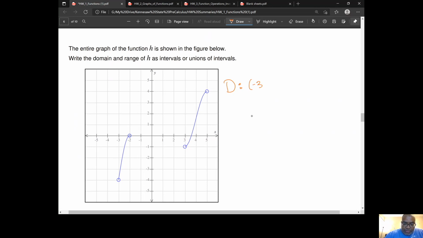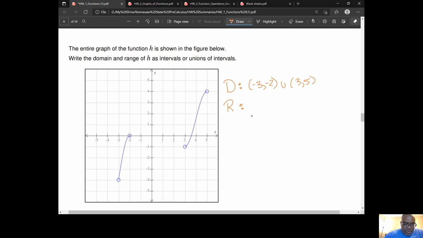So negative 3 to negative 2, open parentheses because it's an open circle. And then from 3 to 5, union from 3 to 5. That is the domain.